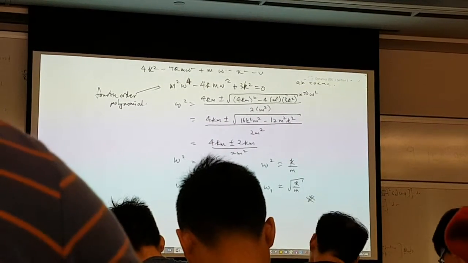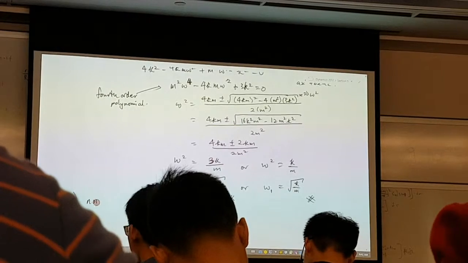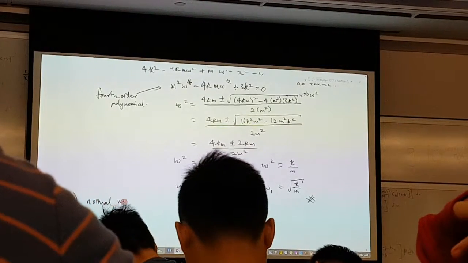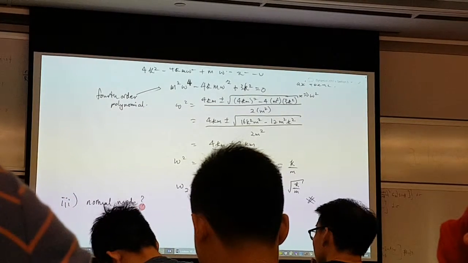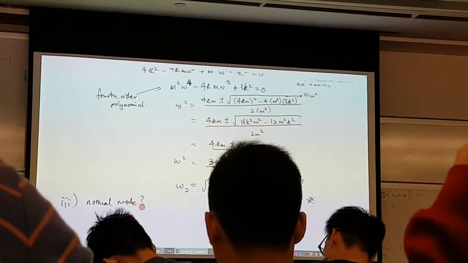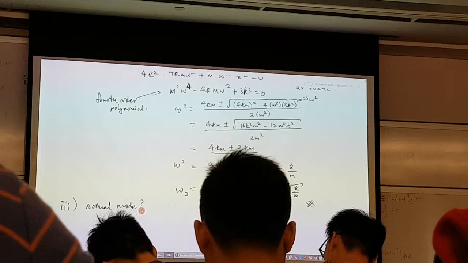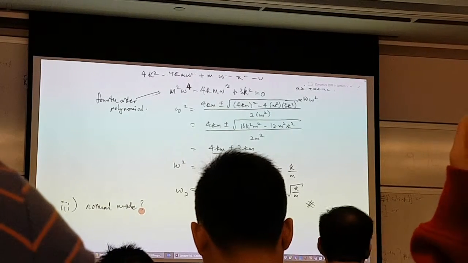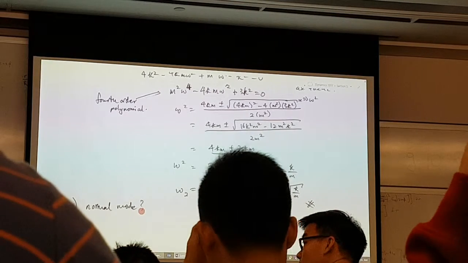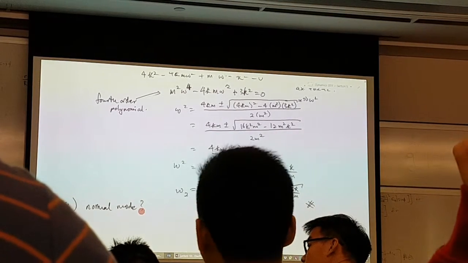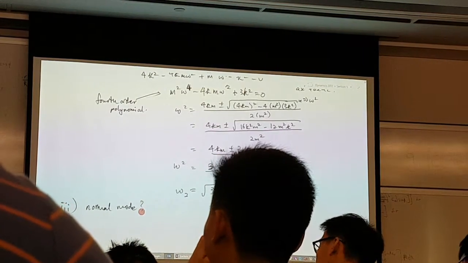So part 3 asks you to find out what the normal modes are. Normal modes in mathematics is called the characteristic equation. I'm not sure if you've heard of that before. I think you should have in your mathematics. That's why you learn about that.